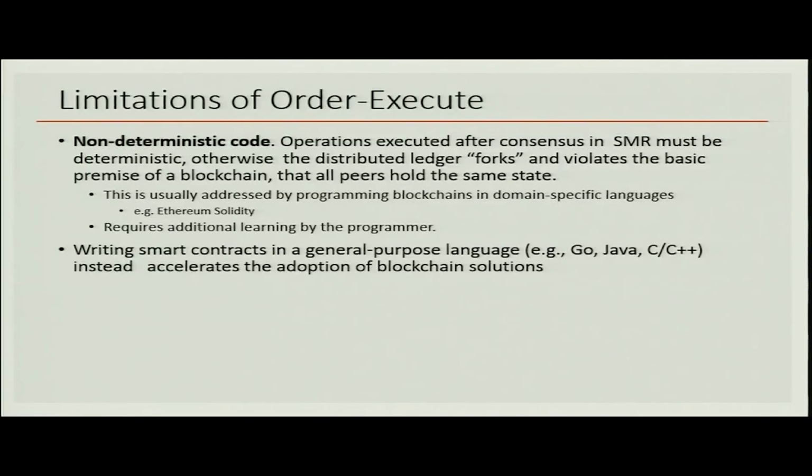So, therefore, you have to allow anybody who can program in any language to be able to write contracts, and then if you do that, you cannot stop non-determinism because those languages will have non-determinism as a built-in property.